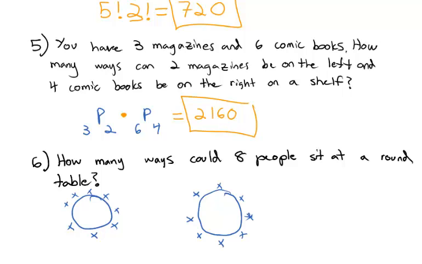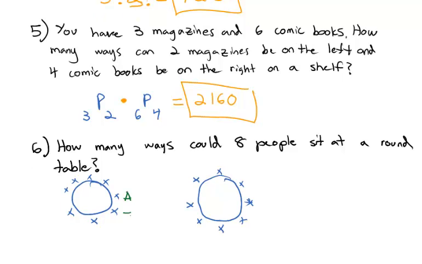And I want to consider, is this really a different arrangement? If we stick person A, Adam, on the right, and then we did B, C, D, E, F, G, H around the table, or if we stuck person A on the left, and then around B, C, D, E, F, G, H. Are these really different arrangements of the table?